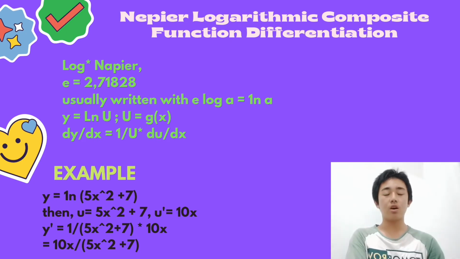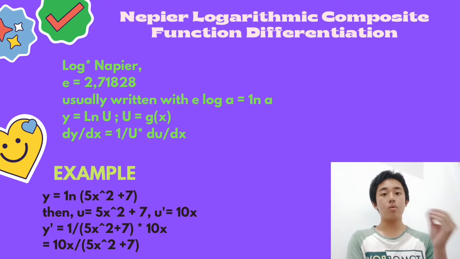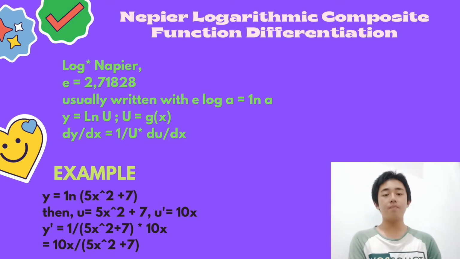The example is y = ln(5x squared plus 7). Let u equal 5x squared plus 7, and we search for the derivative of u, which gives us 10x, because we bring down the power 2 and times it with 5, so it is 10, leaving 10x. 7 is a constant, so its derivative is 0.